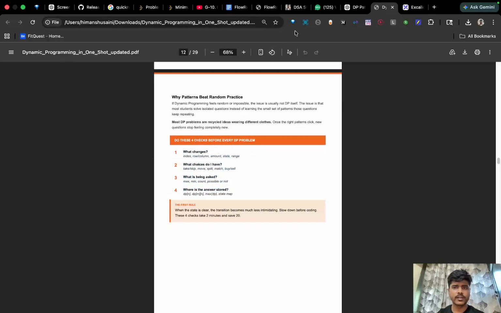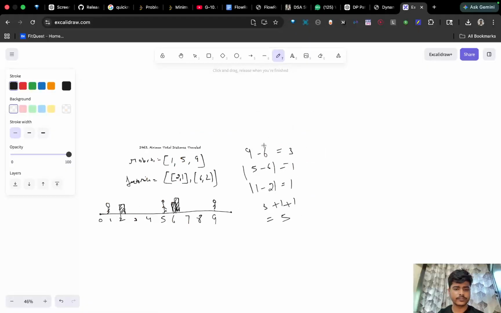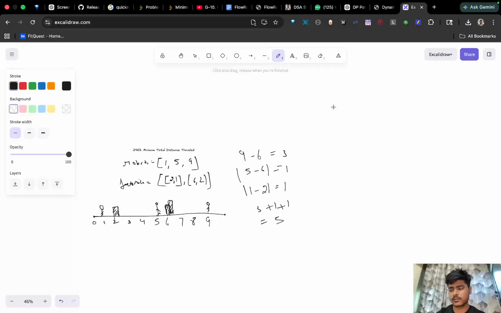What changes? So let's get back to the problem and see what is changing. I'm writing the first question that we need to ask ourselves: what changes? From the problem it is clear that there are two things that are changing.